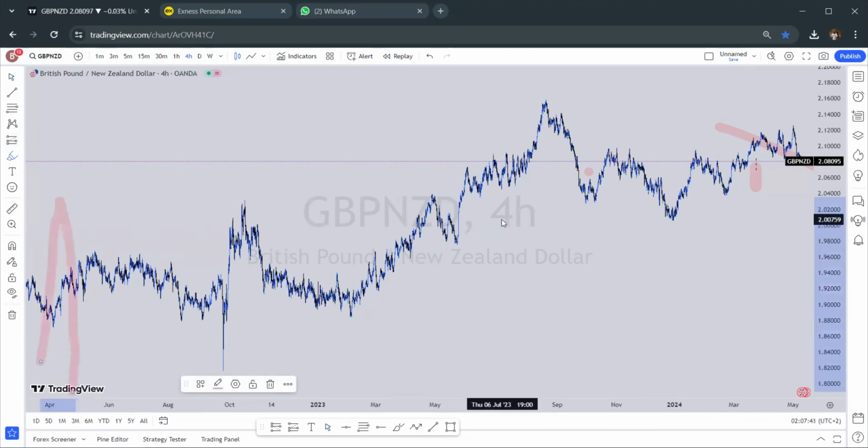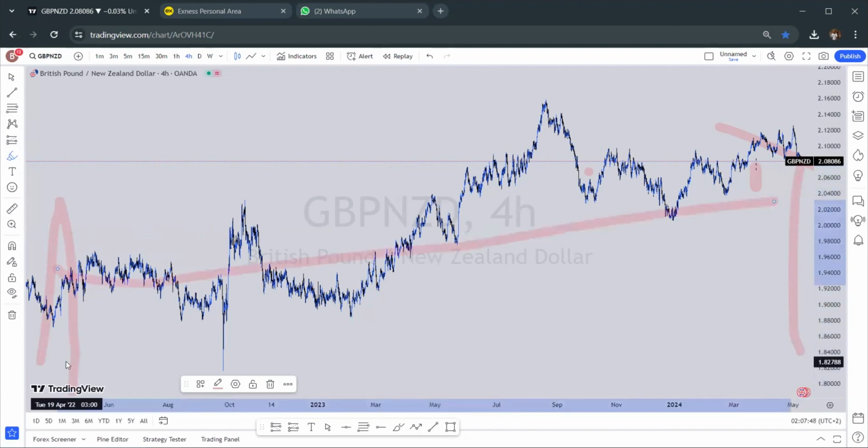So from the current market to this point, we're able to spot what happened from April 2023. Remember, daily gave us 2012, weekly gave us 2005, and now this one is giving us April 2023, right?